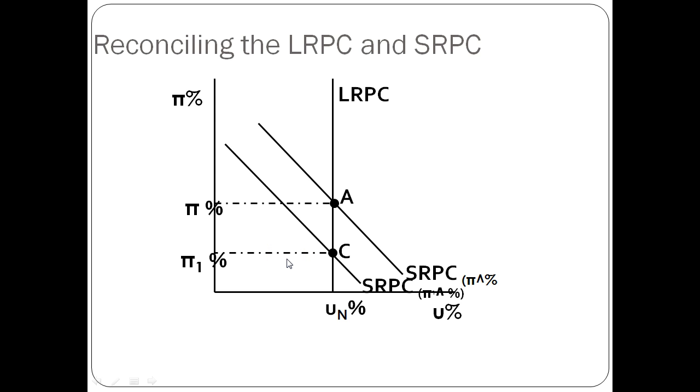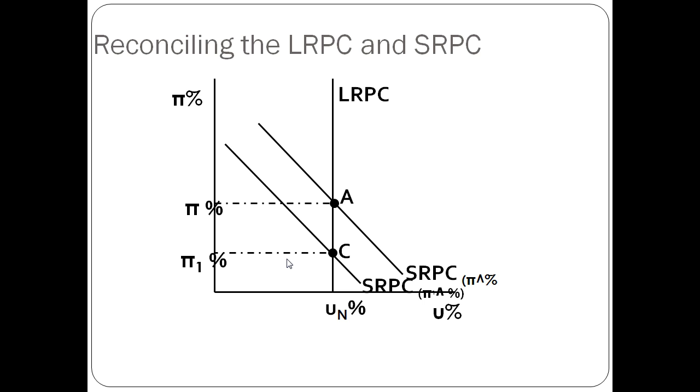So remember once again that as you went from A to B, that occurred in the short run when wages and input costs were sticky. And as we went from B to C, that occurred in the long run when wages and input costs became unsticky and thus were more fluid.